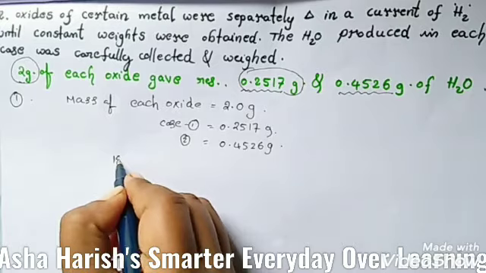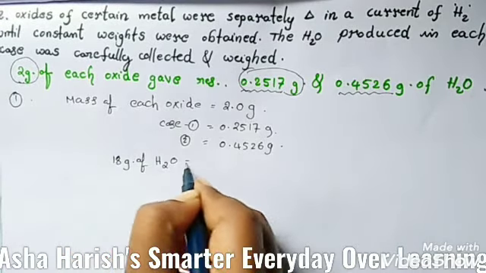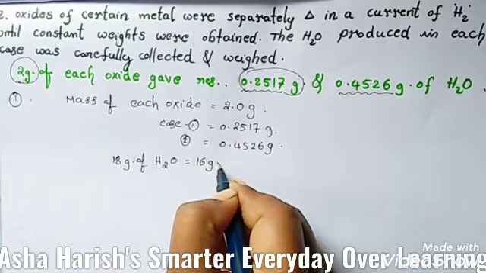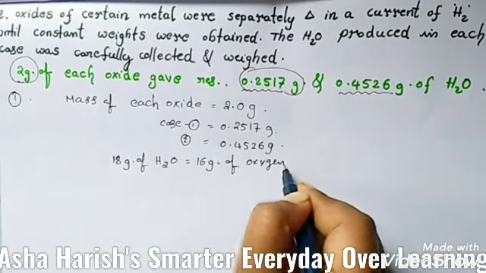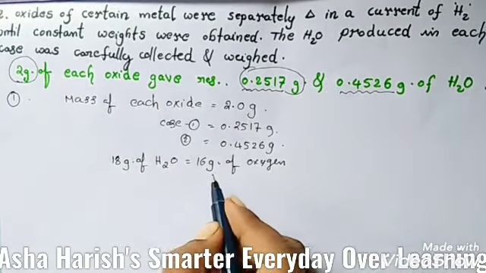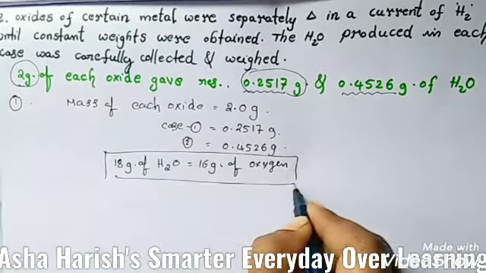Now you know that, students, 18 grams of H2O, 18 grams of water, equals 16 grams of oxygen. Okay, that is, 18 grams of water contains 16 grams of oxygen. This thing you have to remember.